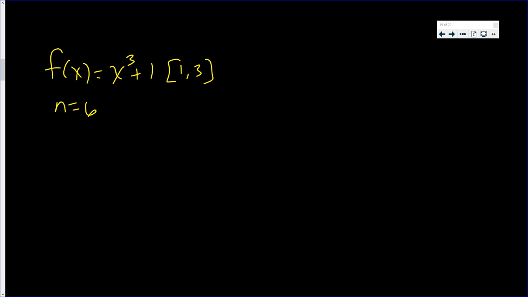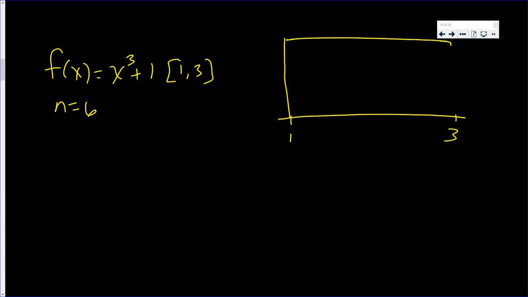Now, if you were to look at the interval from 1 to 3, if you're only going to have one rectangle, then the base will be (b minus a) over 1, which is 3 minus 1 over 1. So you get 2 over 1, which is 2. That is, the base is 2.